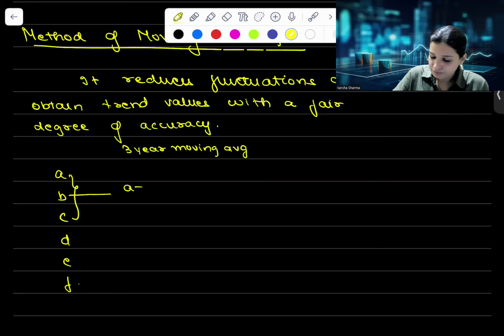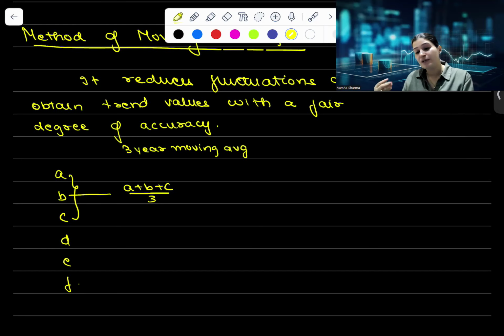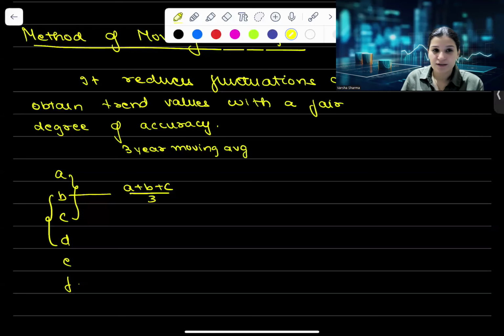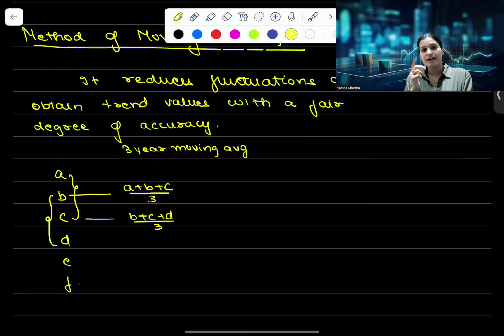The average of three numbers is their sum divided by three. Then we take the next three, not D, E, F, but we leave one from the top. So here comes B, C, D divided by 3. We find averages of 3 and assign that to the middle value.